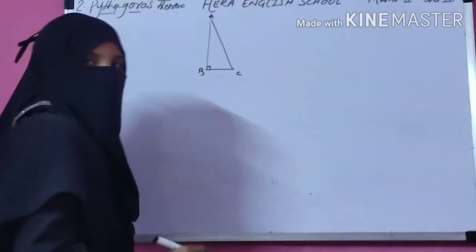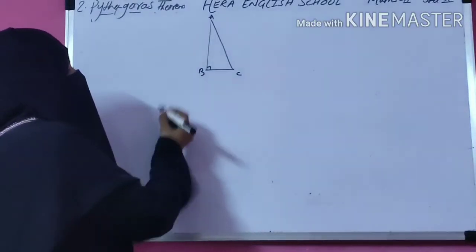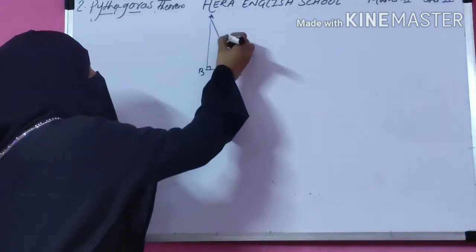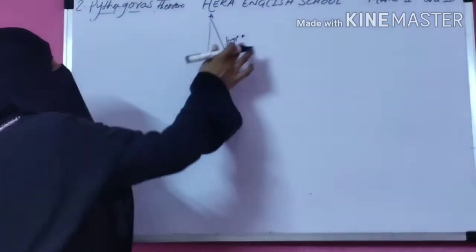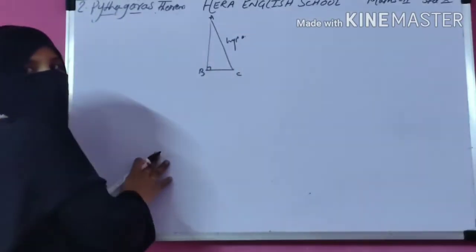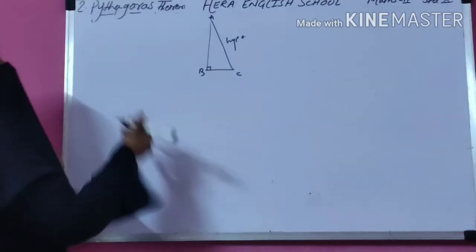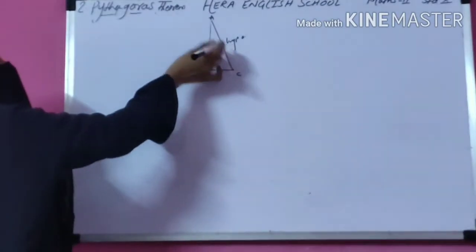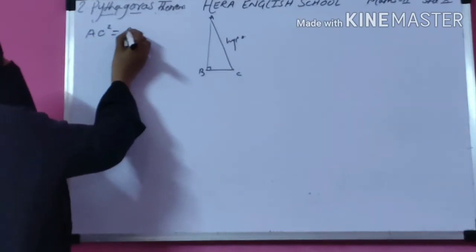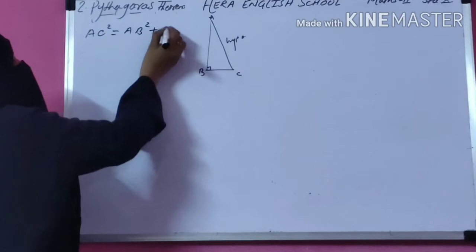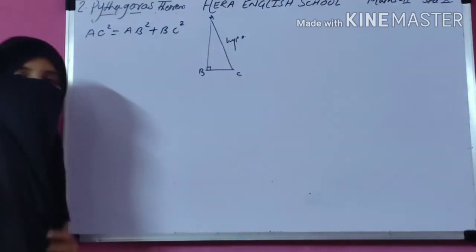The side opposite to the 90 degree angle is called the hypotenuse. So this is your hypotenuse. Applying the Pythagoras theorem in this triangle, AC square is equal to AB square plus BC square.